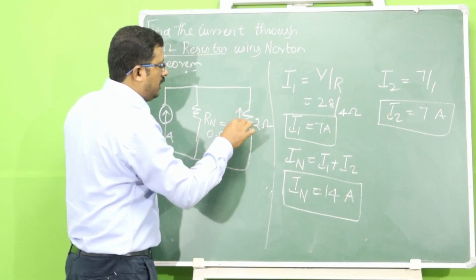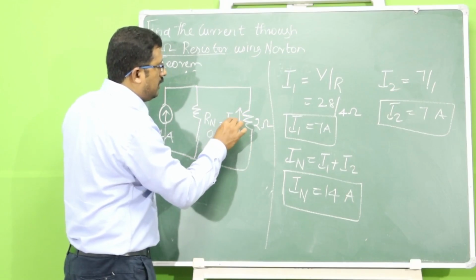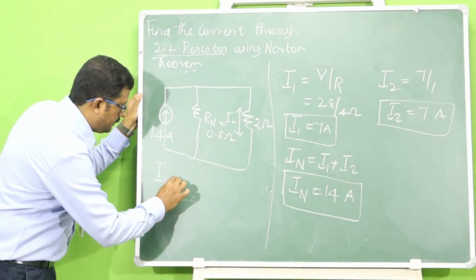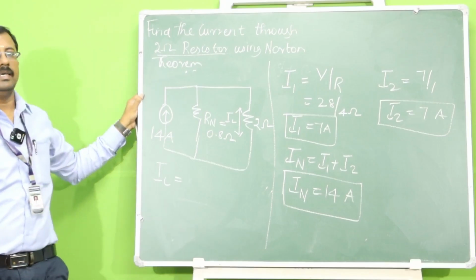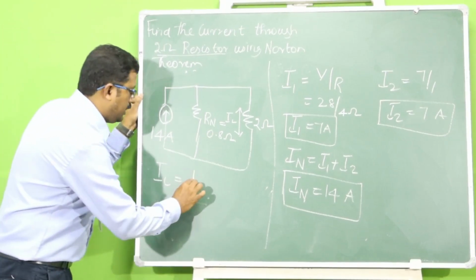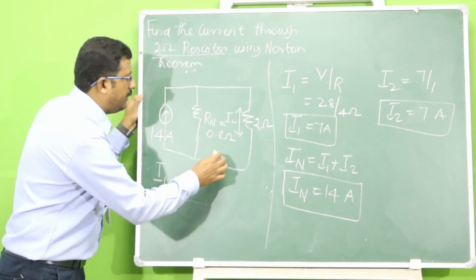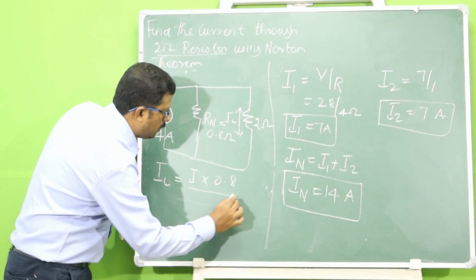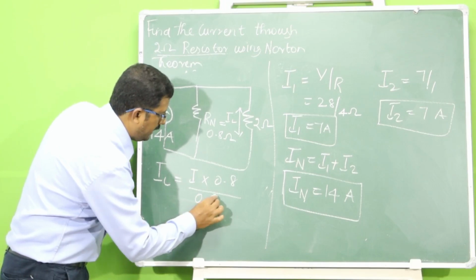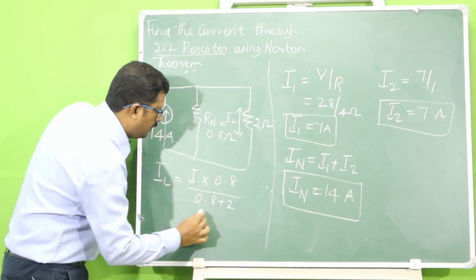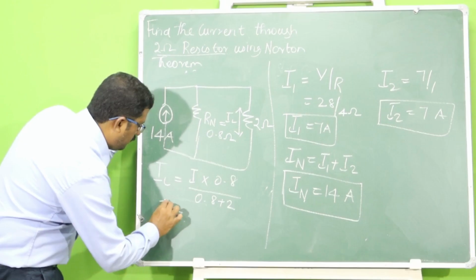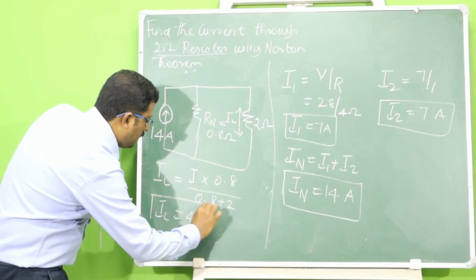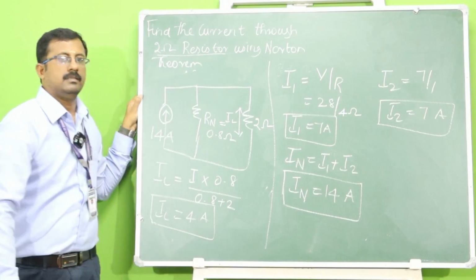To find the current flowing in this 2 ohm resistor, IL is equal to, using the current division formula, total current I into the opposite branch resistance, that is 0.8, divided by the total resistance, 0.8 plus 2. So you will get the IL value finally as 4 ampere. So this is my final answer. Thank you.